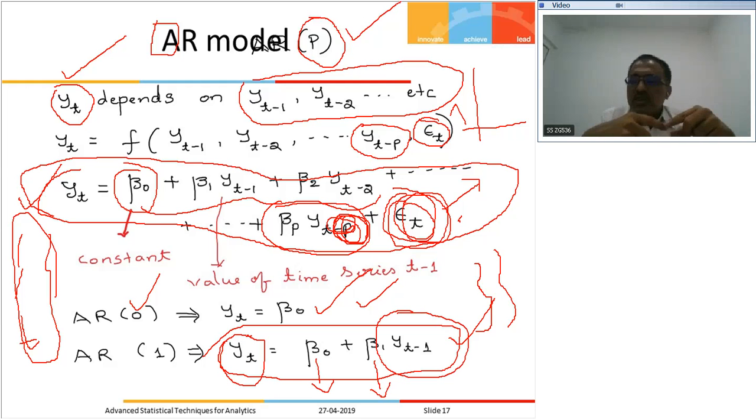In the earlier discussions on regression, we had one variable and another variable. Here, whatever we are doing is in one variable itself with respect to time. At time t, we are using time t minus 1 and trying to fit the AR model. This is the difference between the regression discussion and the time series analysis discussion.